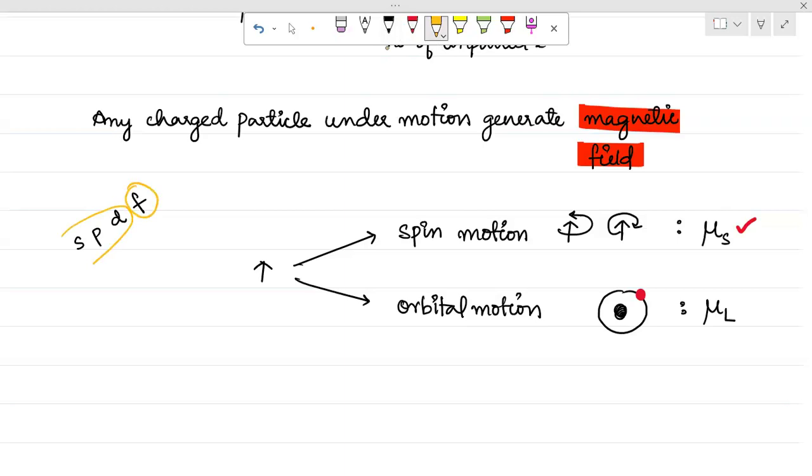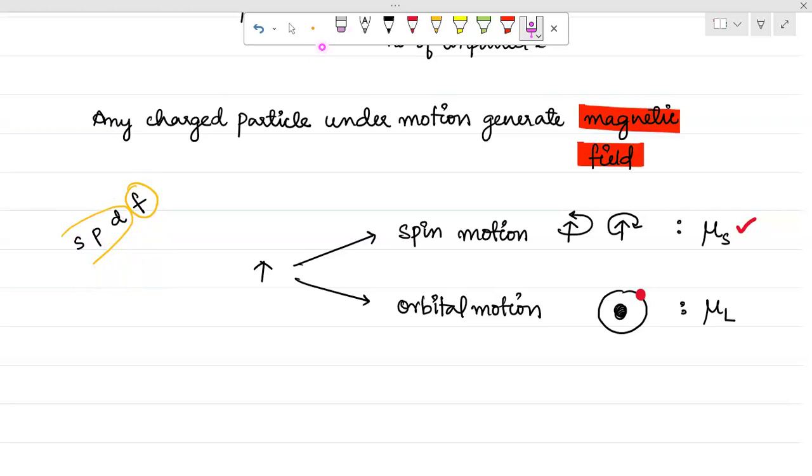So the magnetic field generated due to the electron motion in s, p, and d won't be felt that much. I repeat, any atom has s, p, d, and f orbitals. Electrons can move in any one of these, out of which s, p, d are towards the inner side and f is on the outer side, which means f is extended outwards.